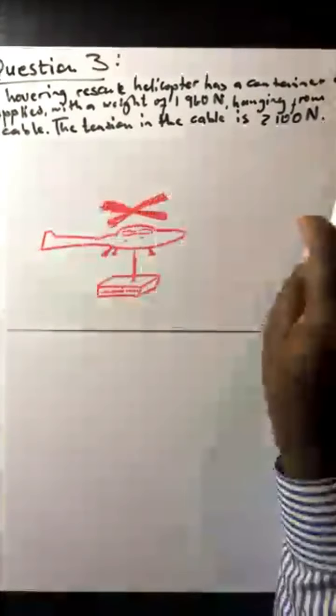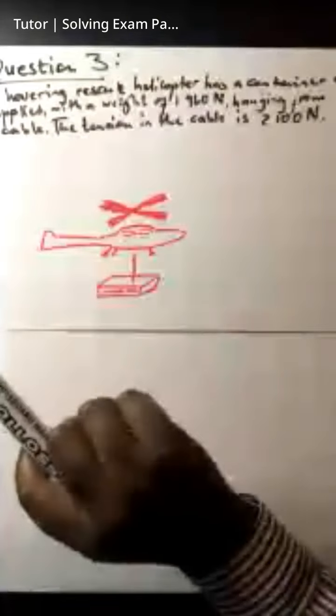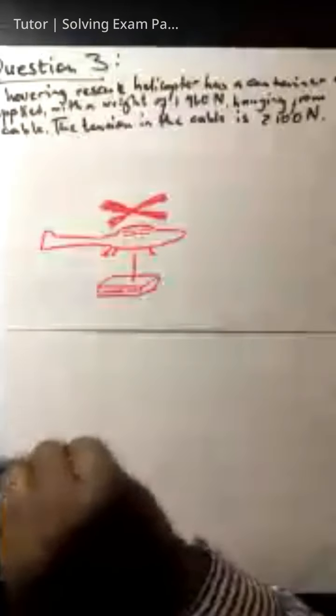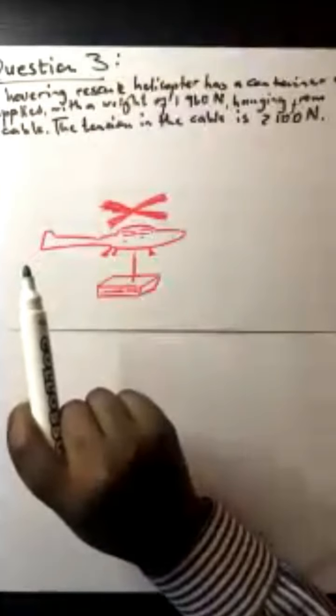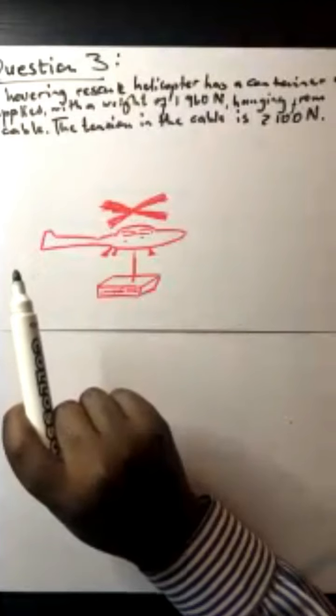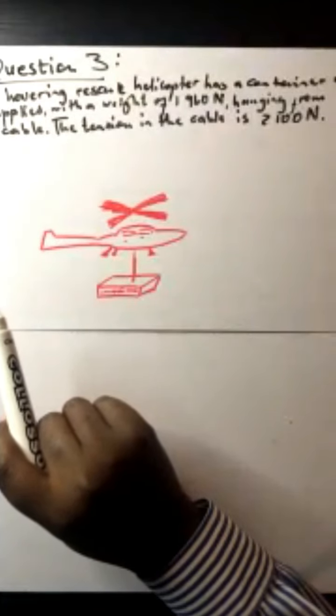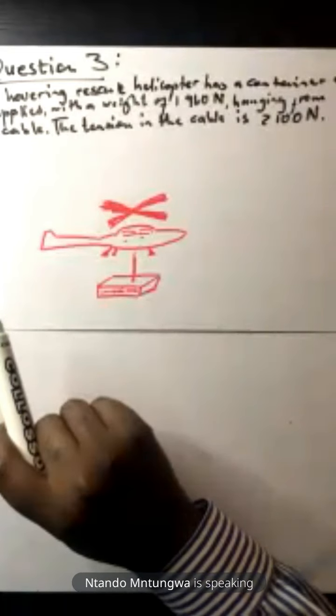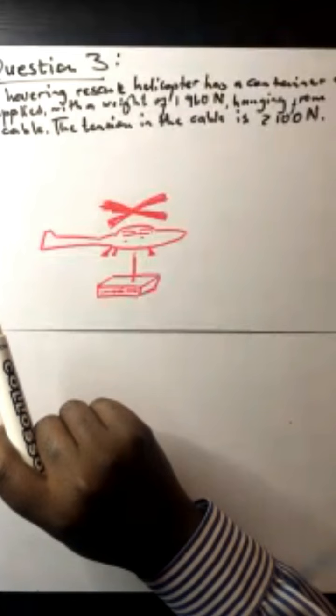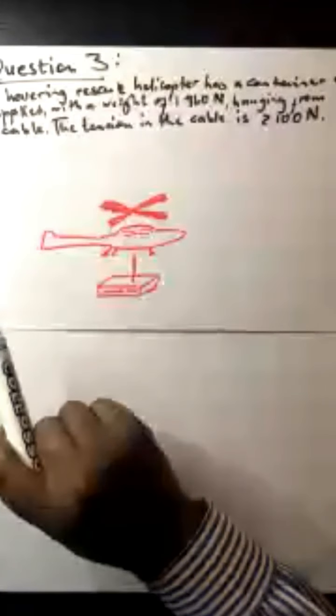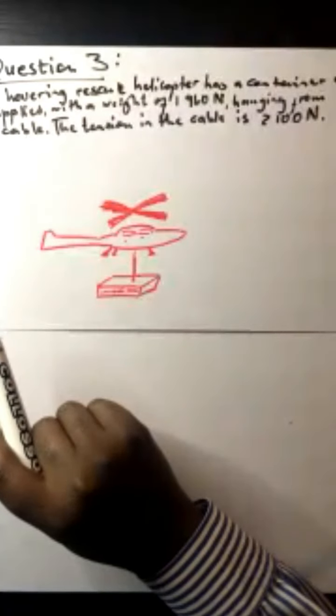Okay, 100%. So I'm just going to quickly read through the given statement, and from there we'll go through the question. So question 3 reads as follows: a hovering rescue helicopter has a container of supplies with a weight of 1,960 newtons hanging from a cable.